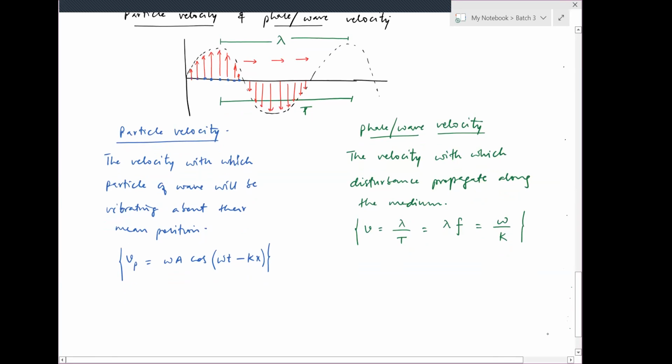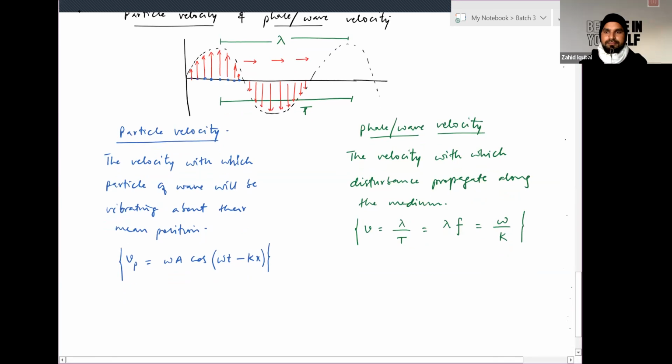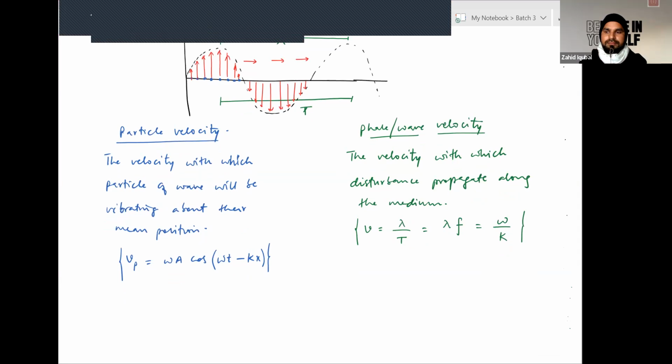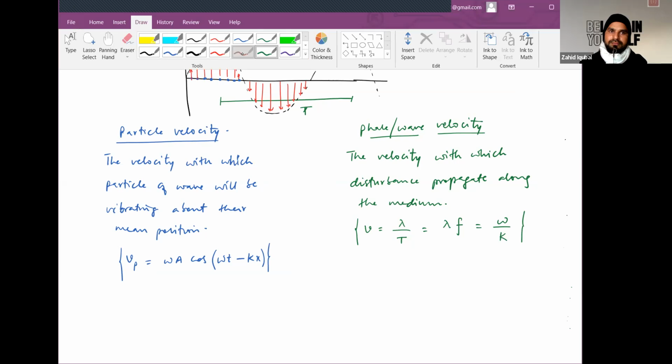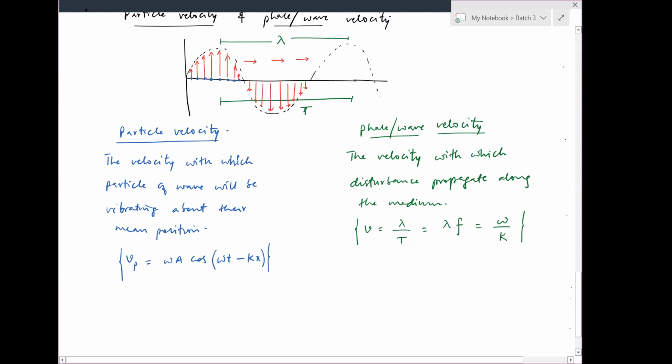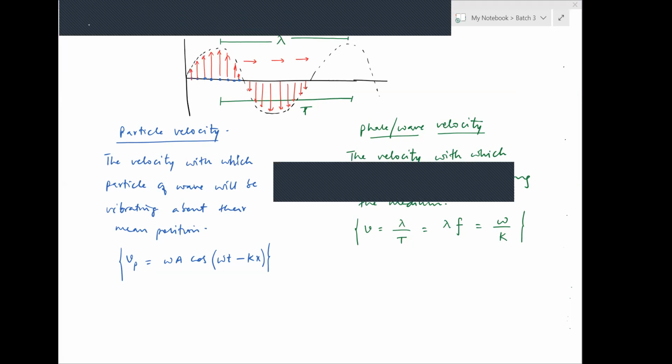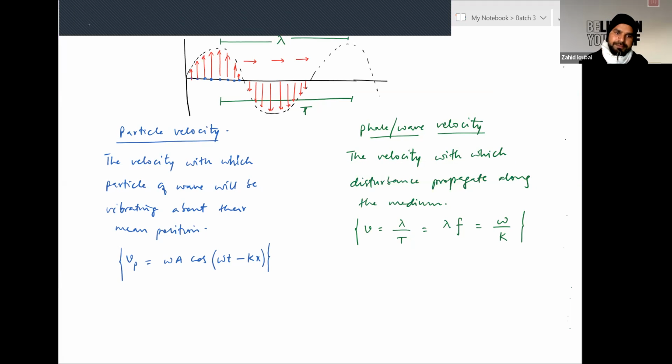No, sir, writing. Okay. Sir, what's after vibrating in particle velocity? Vibrating about their mean position.